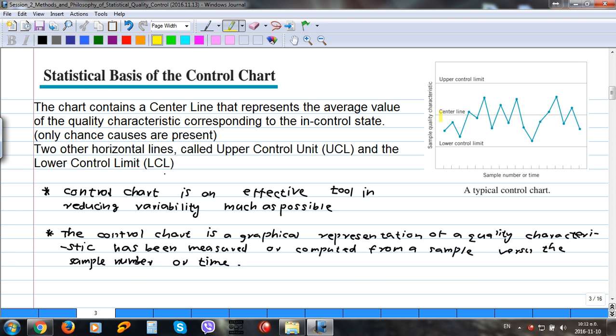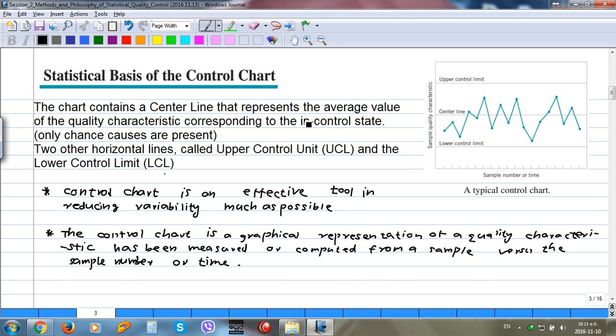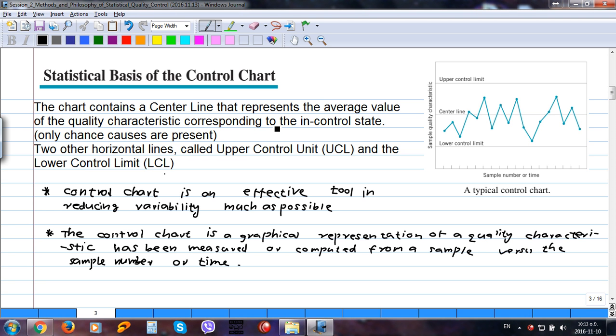This is the center line. So most of the plots are closer to the center line.